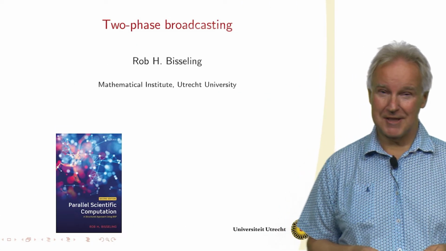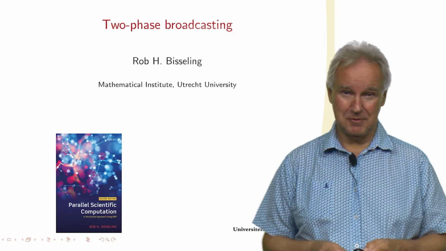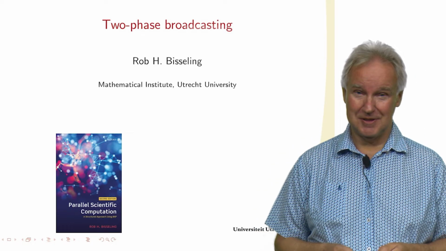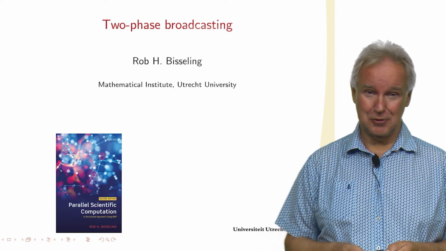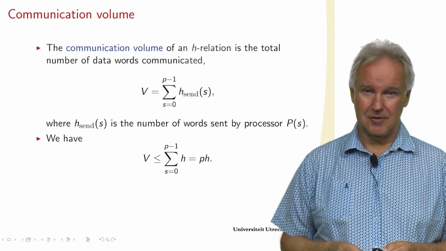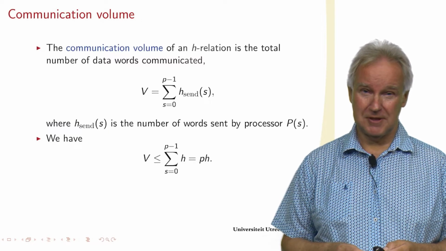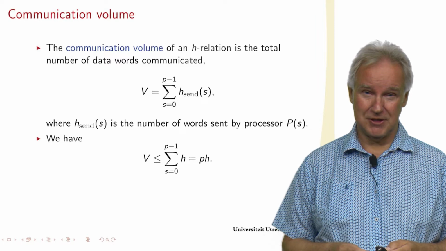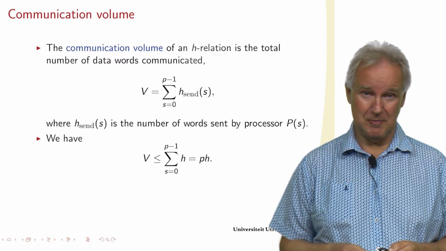The basic parallel algorithm that we have developed can be improved by a technique called two-phase broadcasting. A definition that we will use sometimes is the definition of communication volume.